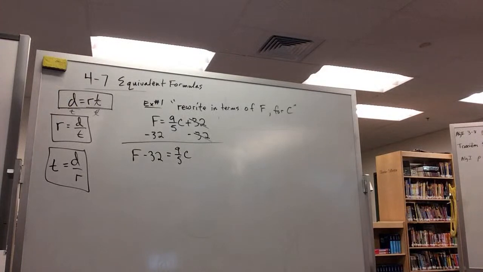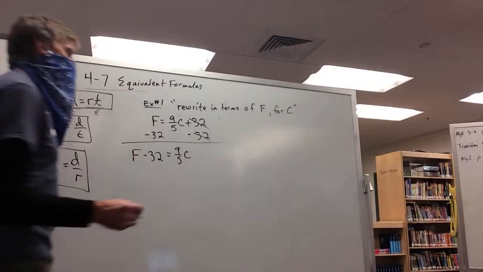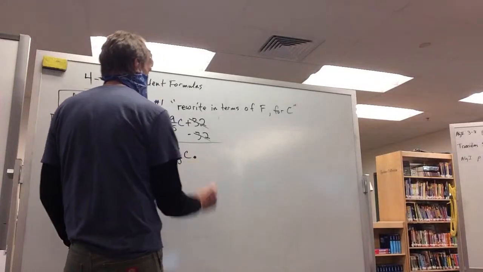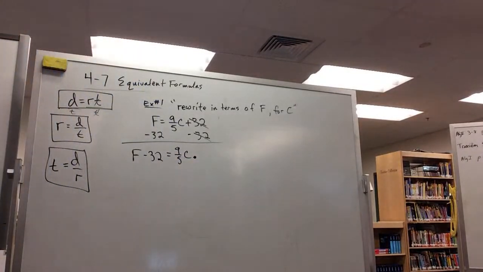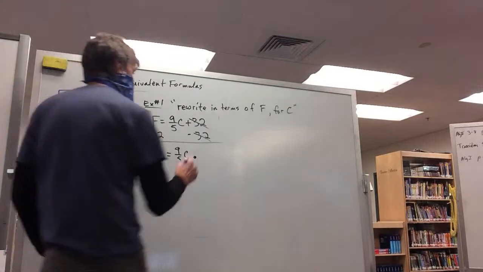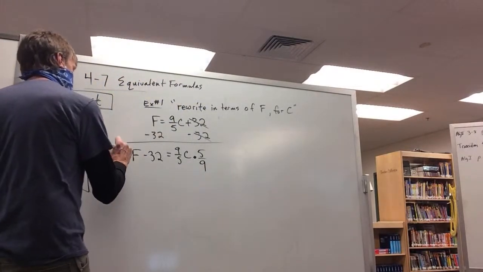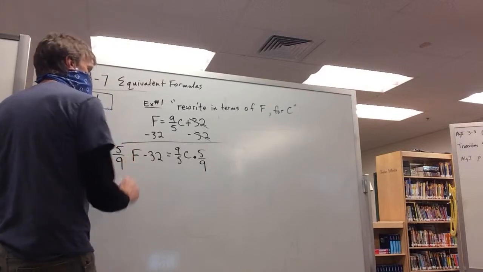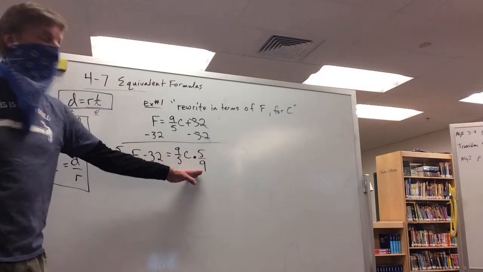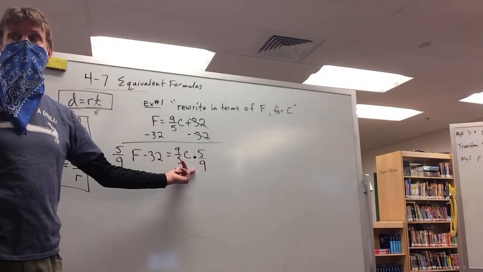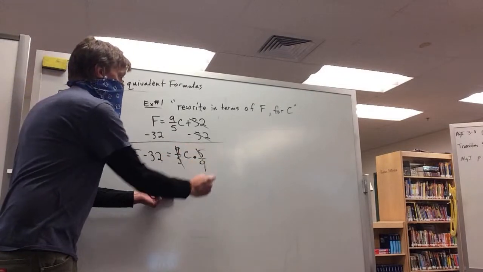So now, last step. Divide by 9/5, which is the same as multiply by what? 5/9. Reciprocal 5/9, yes. Now, the key over here: because we're doing the entire right-hand side, which is only made up of 9/5 C, that cancels.